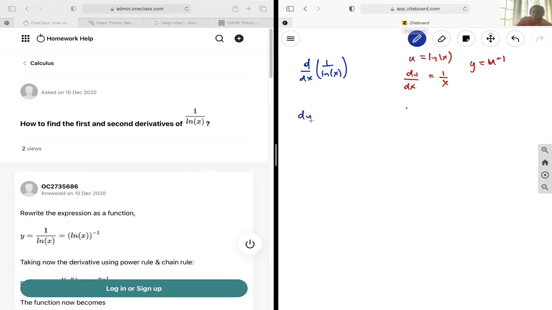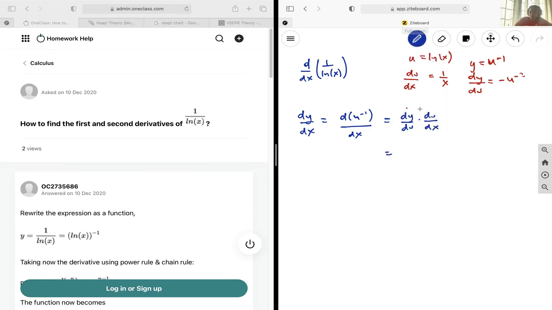So we know dy over dx, which is d of u to the power of -1 over dx, is going to be equal to dy over du multiplied by du over dx. Let's fill those in according to this. Let's not forget that the exponent rule, we can use it here to get -u to the -2.